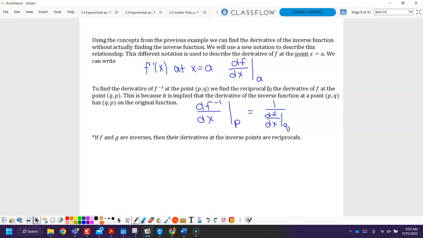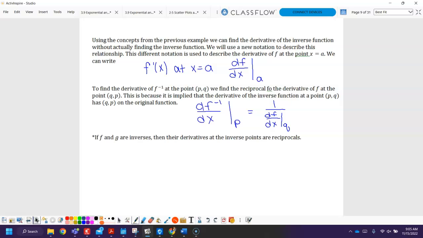f of x has the point f of q equals p. The inverse, which we say as f inverse of x, would thus contain the point (p, q). We're all good for that, right? That makes sense. That's what we just talked about with the (2, 9) and the (9, 2).